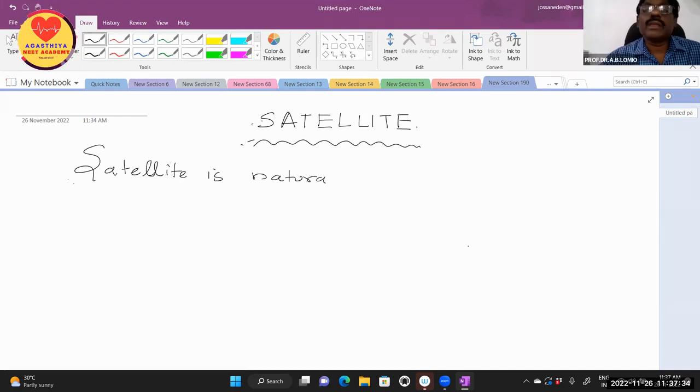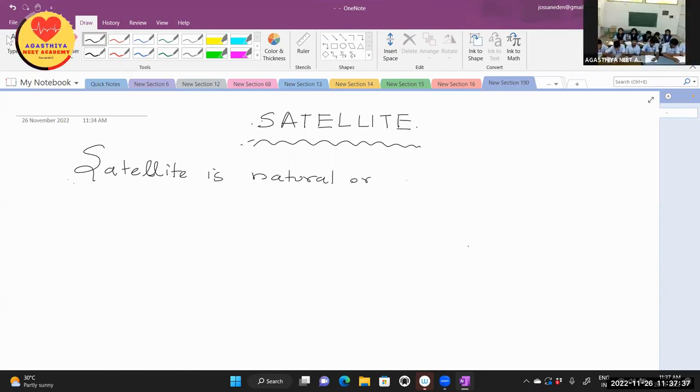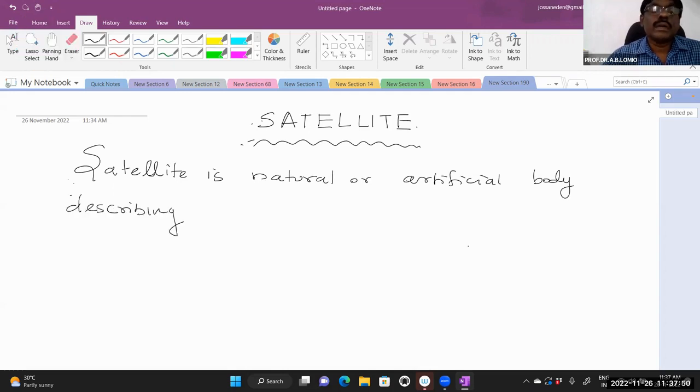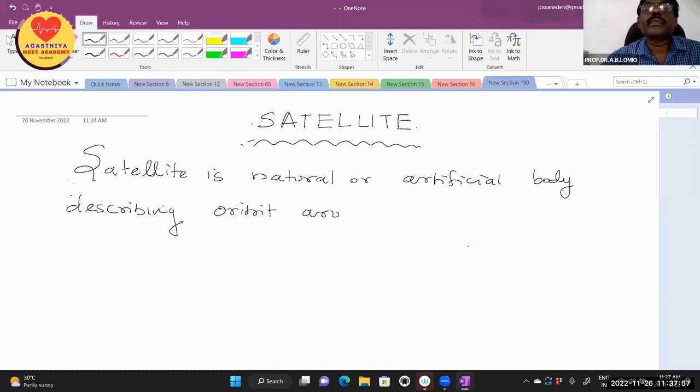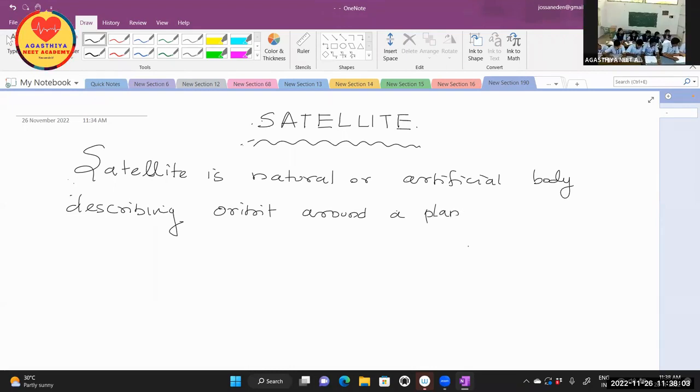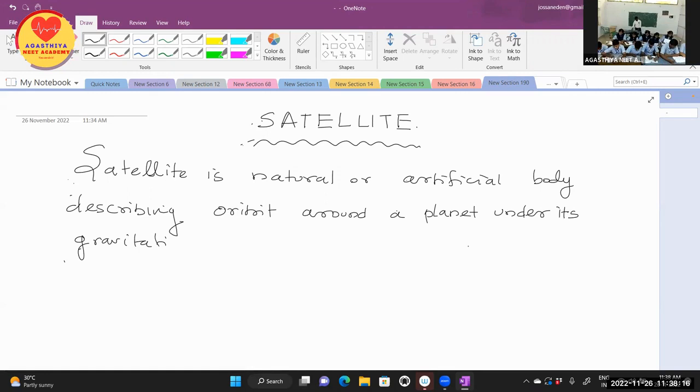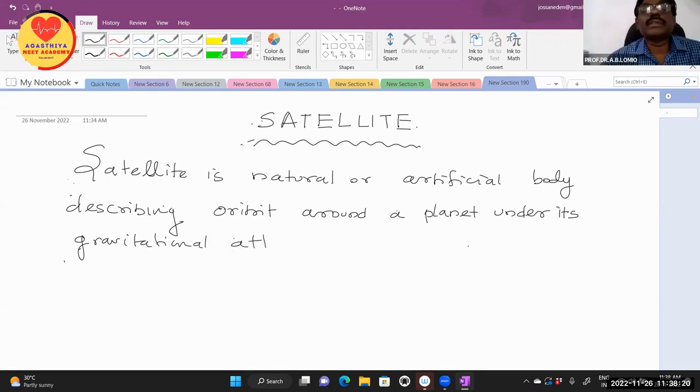Satellite is a natural or artificial body describing an orbit around the planet under its gravitational attraction.